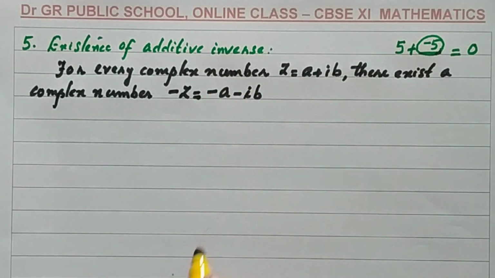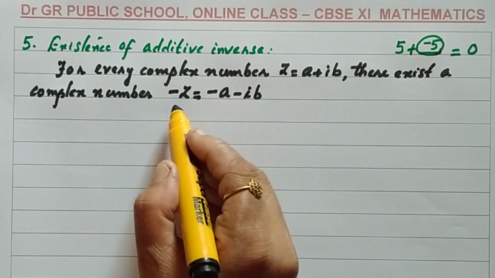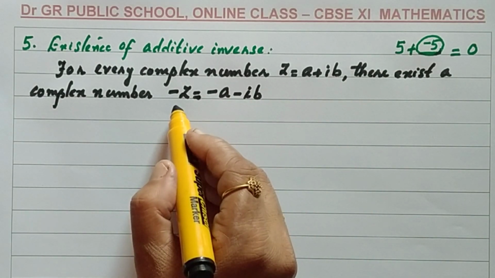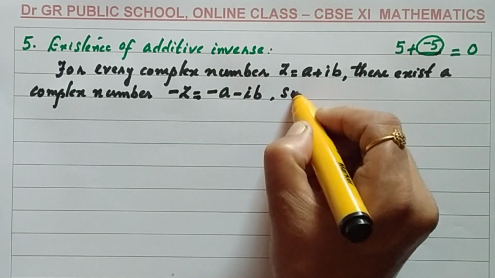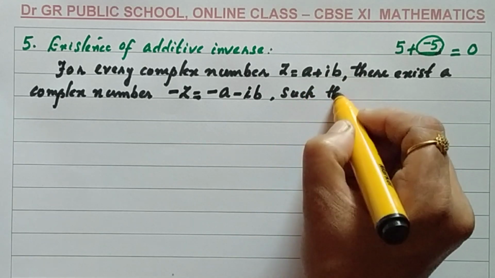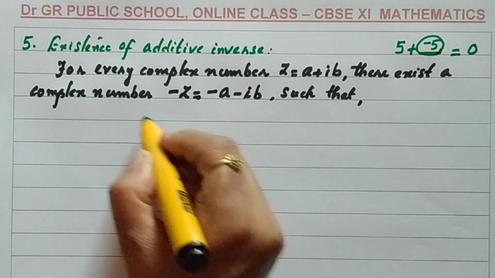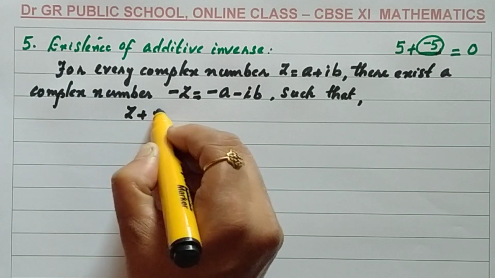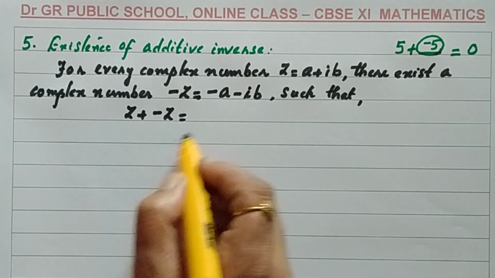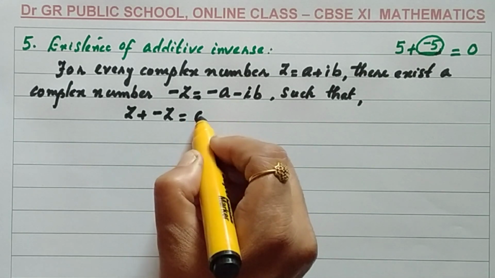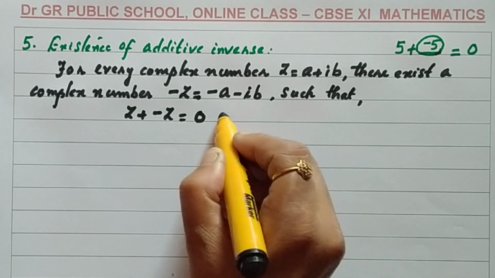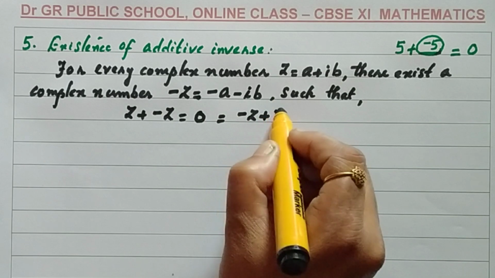Both are negative: minus a minus ib. Why? When adding z plus minus z, we need to get the additive identity 0. Minus z equals minus a minus ib, such that z plus minus z, when adding, you get a plus ib plus minus a plus minus ib, which gives 0, which is the same as minus z plus z.